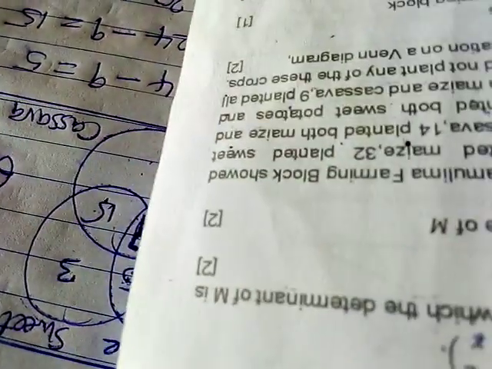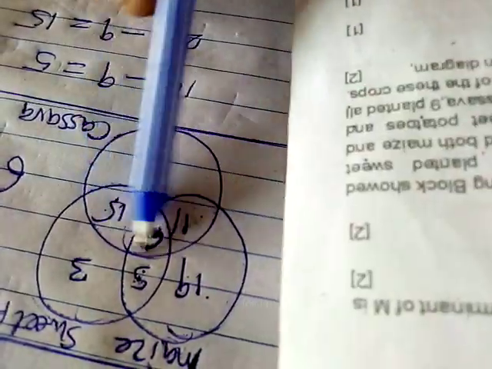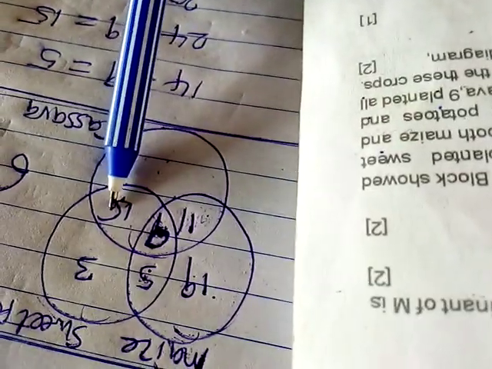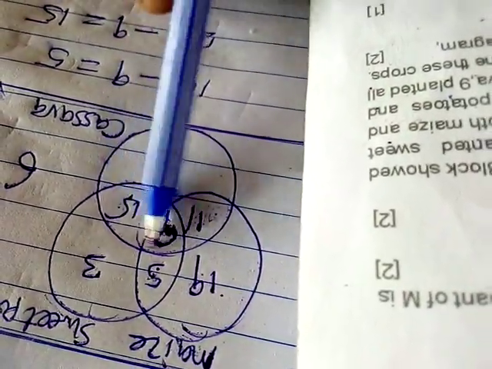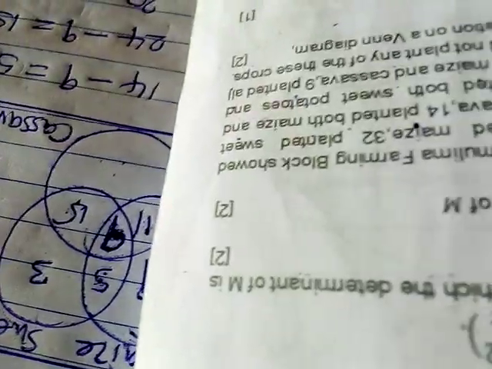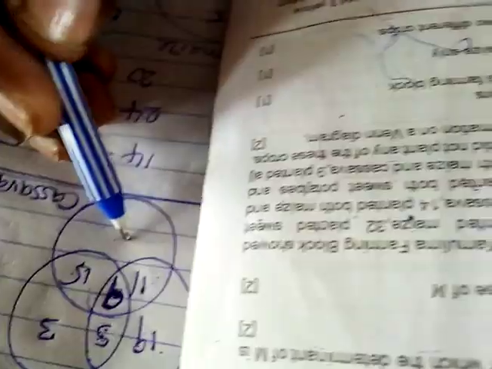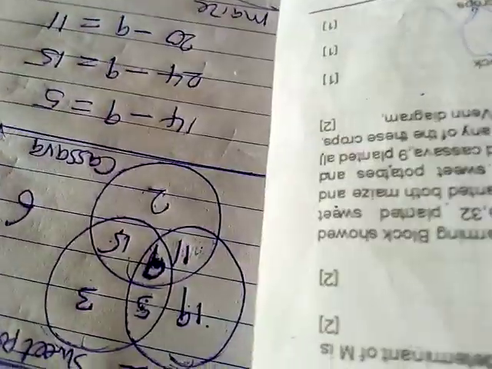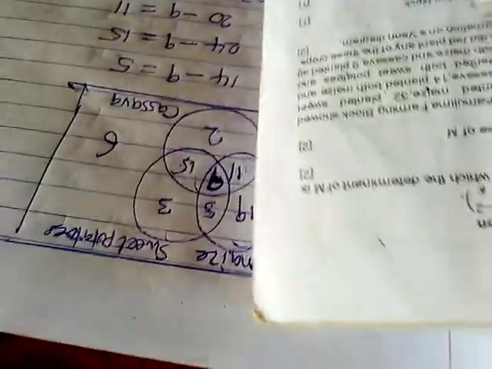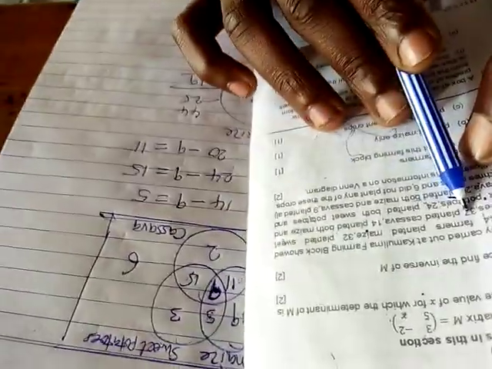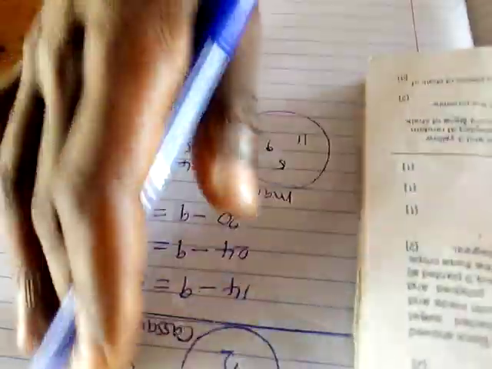How many are required? 37. From 35 to 37, how many more farmers are needed? 2, because 35 plus 2 gives 37. Okay, so this is the Venn diagram.